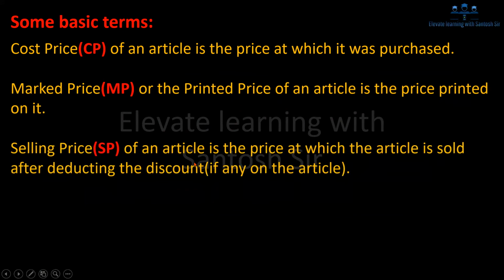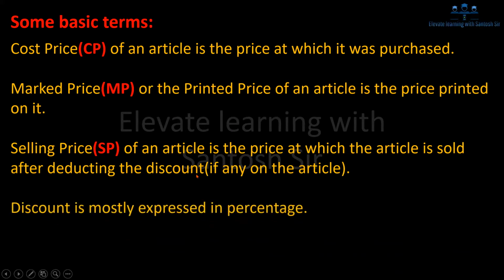Selling price is the price at which the article is sold after deducting any discount if applicable. Discount is mostly expressed in terms of percentage. You must have seen on the Amazon app, or in the malls, 20% discount, 50% discount, or on Zomato when we order food, there is always some discount given.